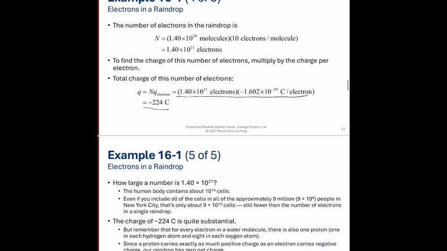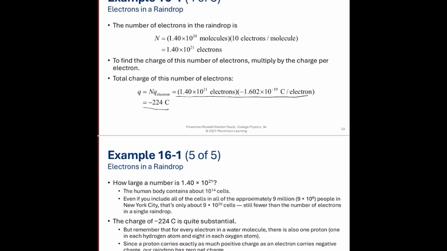So let's put this in perspective here. If there is 1.4 times 10 to the 21 electrons, how big is that? How many electrons is that? Well, obviously it's enough to fit in a raindrop. The human body actually only contains about 10 to the 14 cells. So there's more electrons in that raindrop than there are cells in our body. How is that possible?